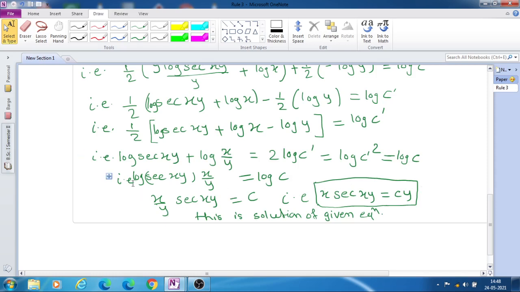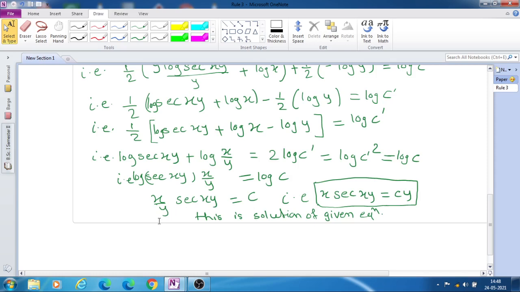So cancelling log on both sides we get x upon y into sec xy is equal to only c.